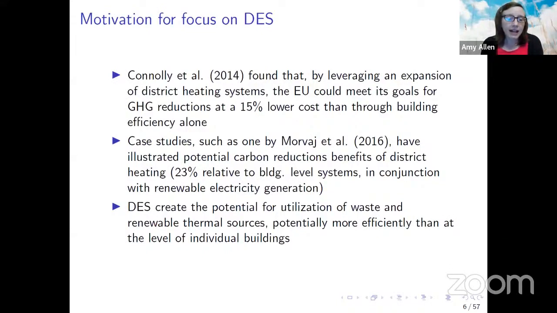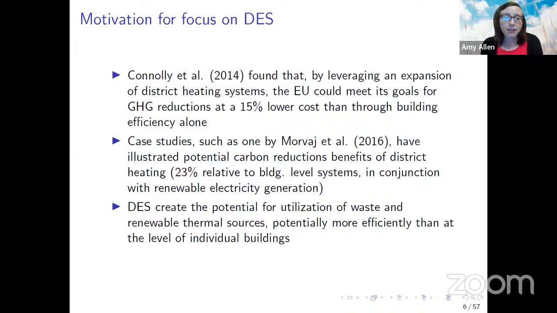A study by Connolly and others in 2014 found that the European Union could meet its goals for greenhouse gas emissions reduction at a 15% lower cost through the expansion of existing district heating systems than through building efficiency measures alone.